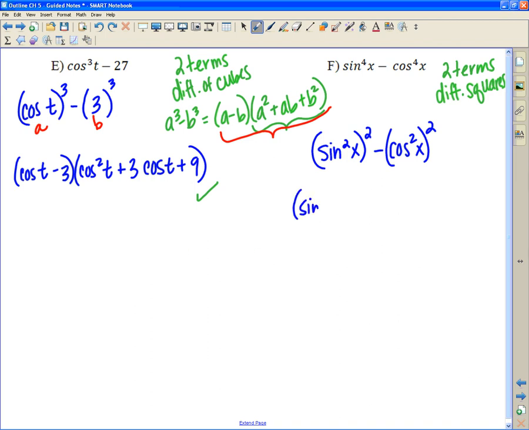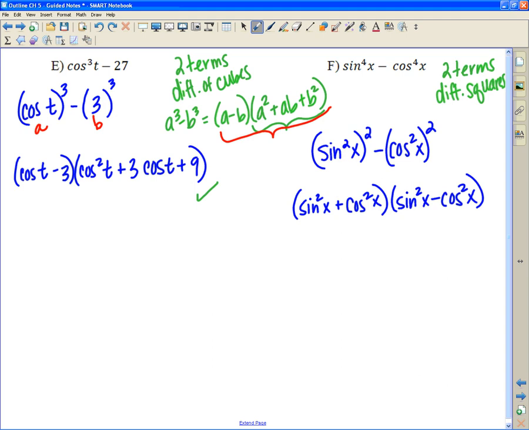It's sine of x plus, oh, I messed up. What's inside of here is a sine squared. So it's sine squared of x plus cosine squared x times the quantity sine squared x minus cosine squared x. When I see sines and cosines and squared things, I'm always looking for an identity.